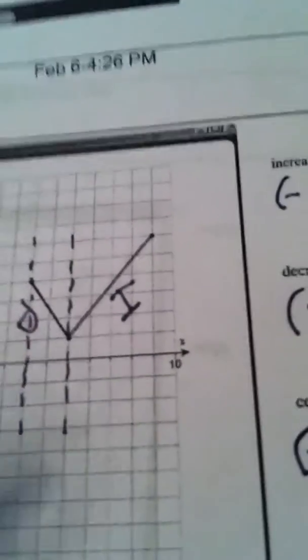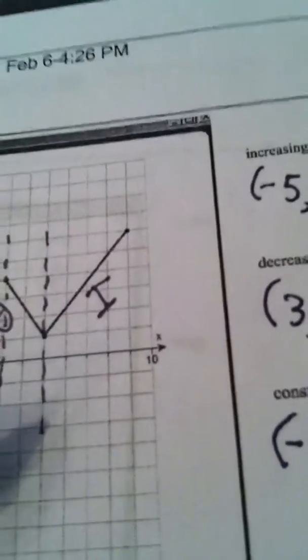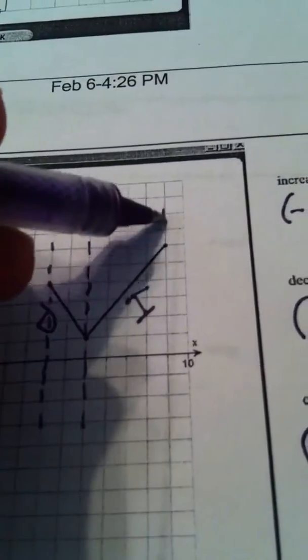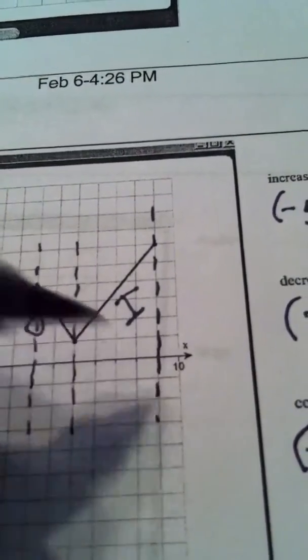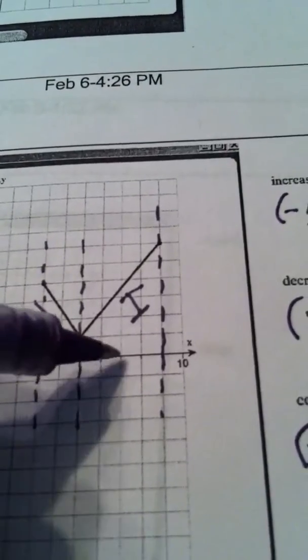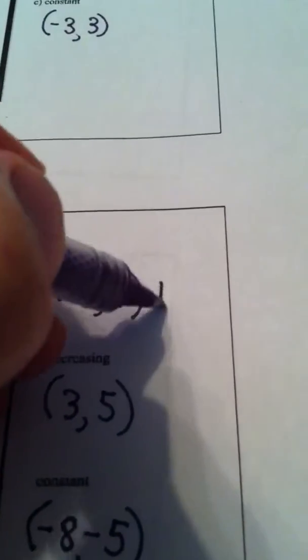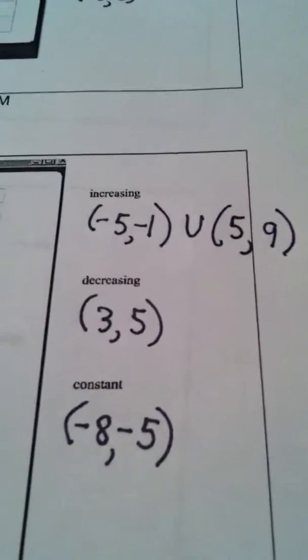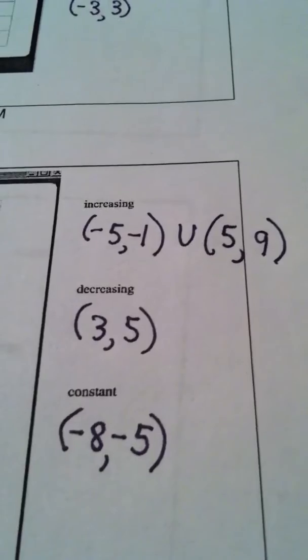And then, because there's no arrow here, it stops. So this is another place where it's contained. From 5, 6, 7, 8, 9. From 5 to 9, it's increasing again. So we put union 5, 9. Now on Course Compass, pay attention because sometimes they ask you to write it with a comma.